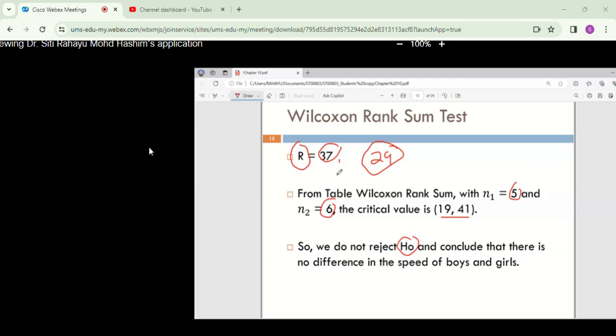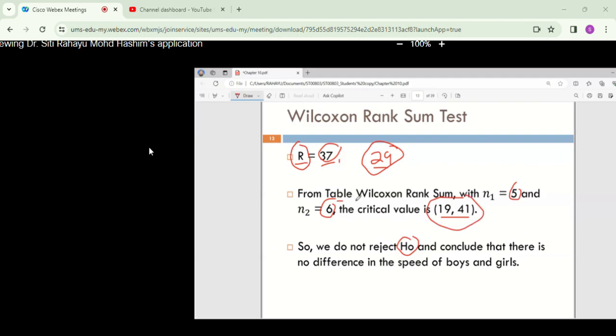In the independent t-test, if the 0 is within the 95% confidence interval of the mean difference, it means there is no significant difference. So the same concept applies here. If the Wilcoxon rank sum statistic, 37 or 29, is within the critical value, where did I get this critical value?